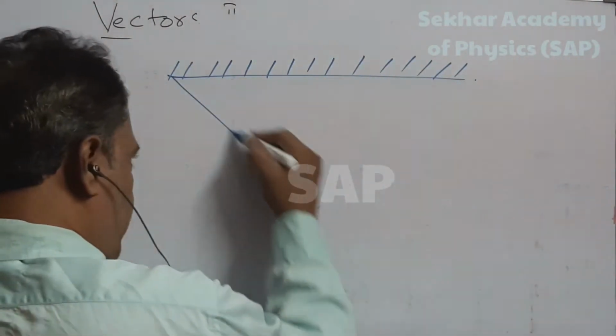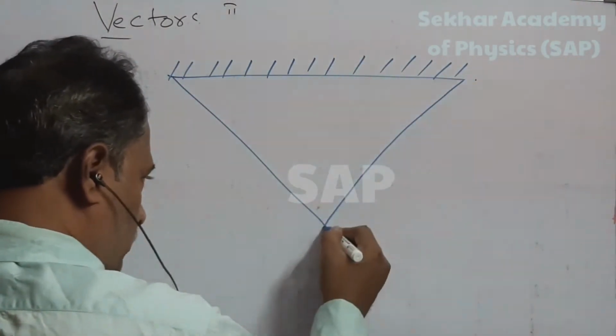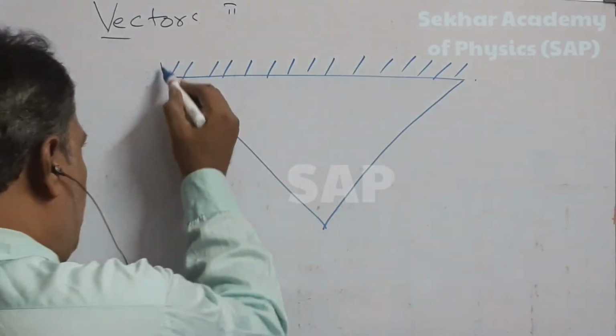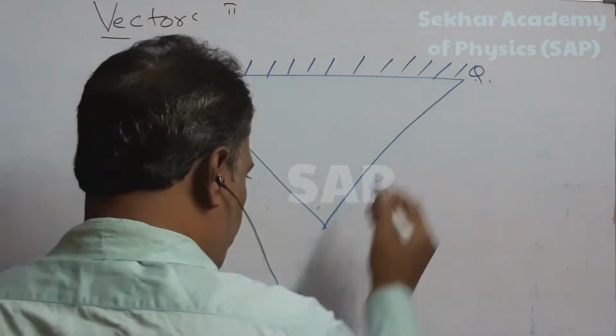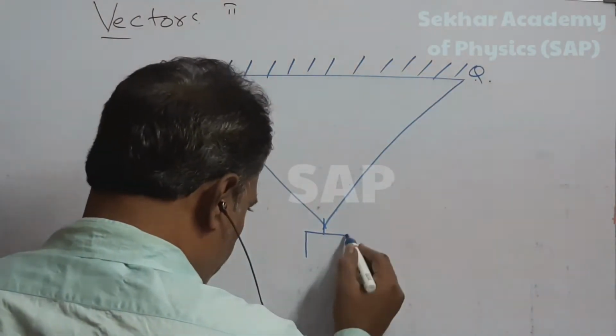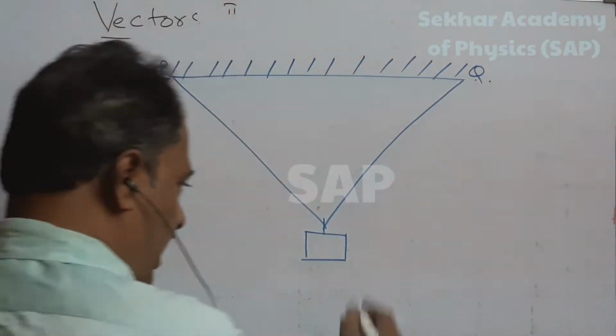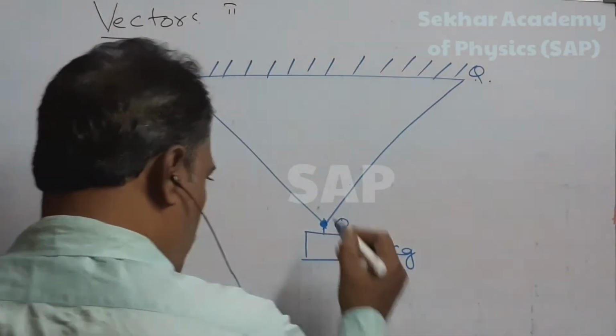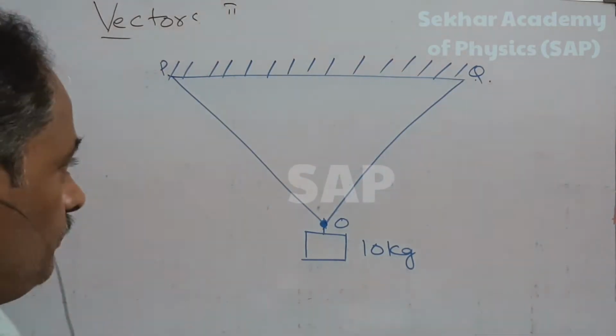There are two strings that are fixed at these two points, let them be capital P and capital Q. Here there is a certain load. Call this load 10 kg. Now I can say this point is nothing but O.